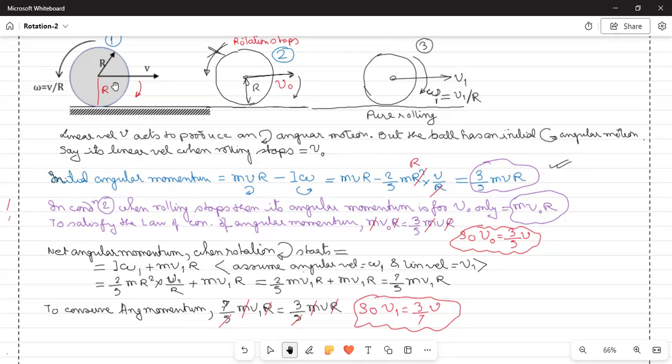It has a forward velocity v at the beginning, and a reverse spin omega, which is equal to v by r. Then these two angular momenta oppose each other. At some point of time, this initial reverse spin stops, and at that moment its linear velocity of the center of mass is v0, which is equal to 3 by 5 v.